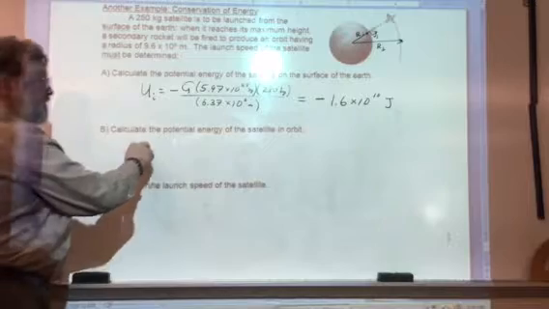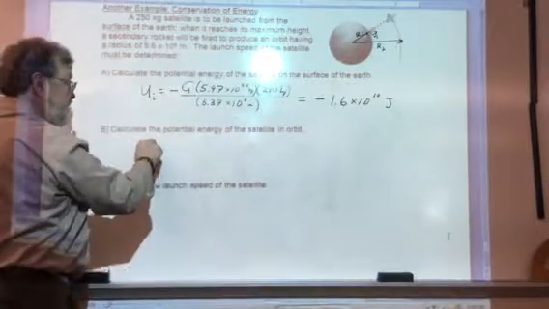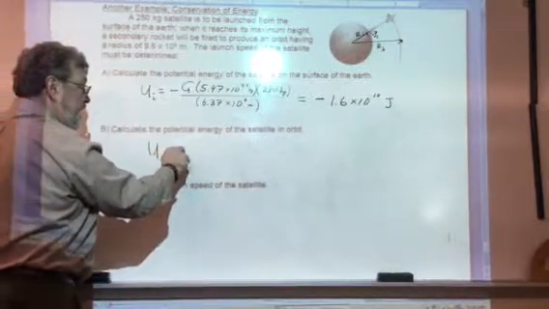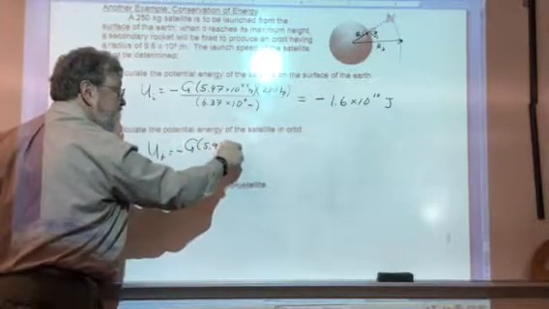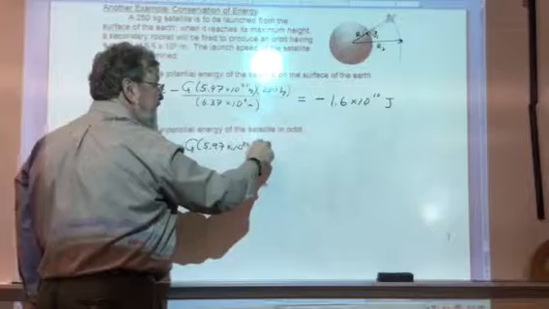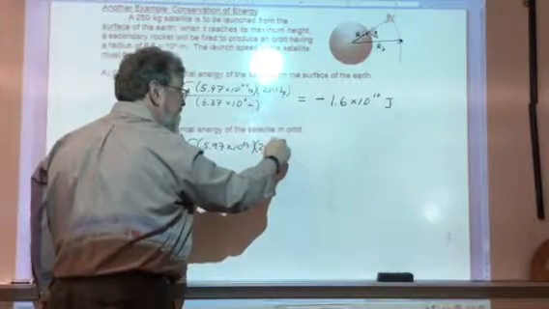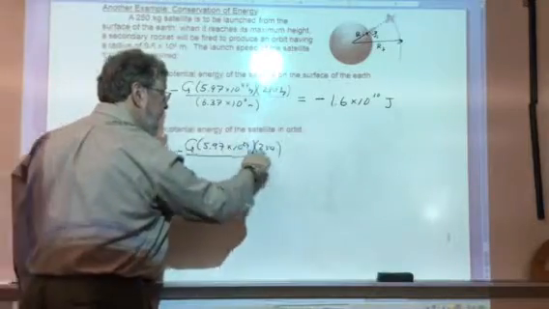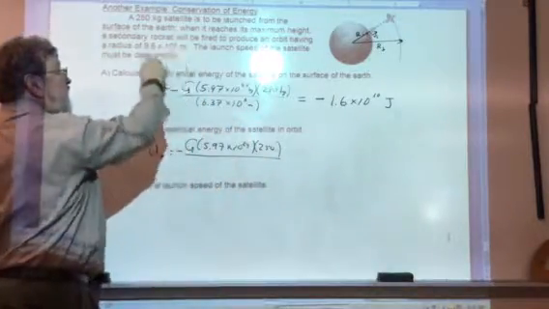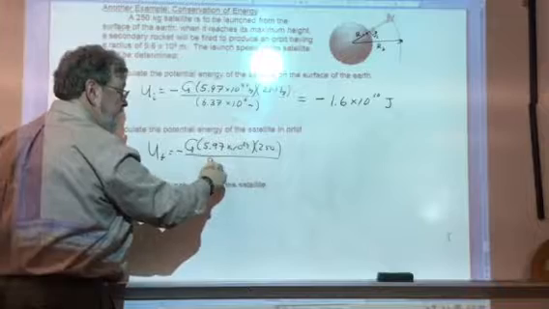The next thing is, we know what the final position is, so there's also a potential energy there, and it's the same thing. It's still going to be 5.97 and all that other stuff, 10 to the 24th, and it's still 250 kilograms. The only thing different is it's going to have a different radius, and in this case, it gives you the radius of the orbit. We don't have to add the Earth to it.